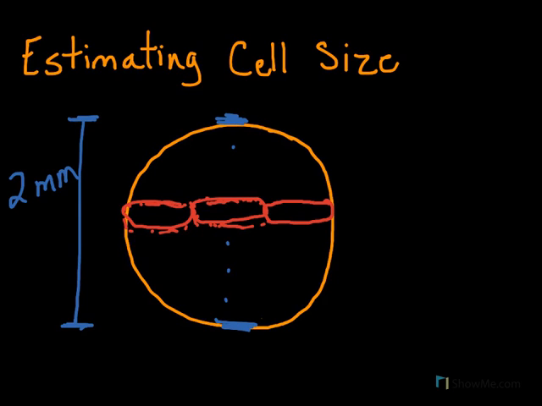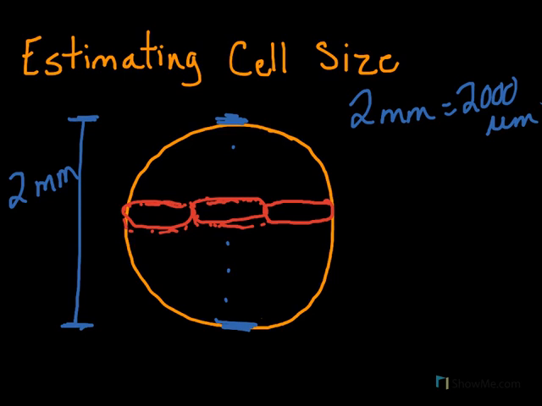You are going to have to estimate these cells in micrometers, so we need to convert our diameter into micrometers as well. If you remember, 2 millimeters is going to equal 2,000 microns.